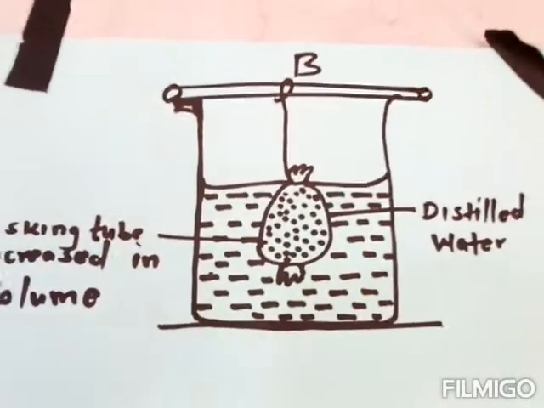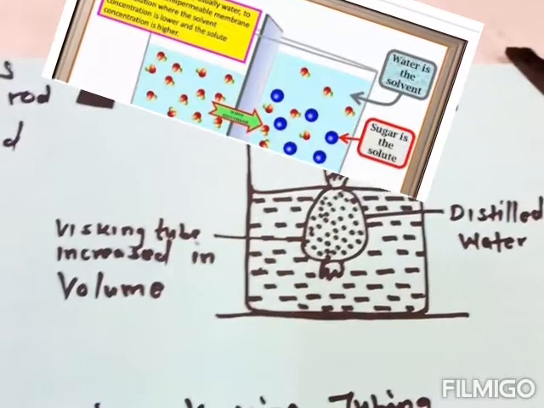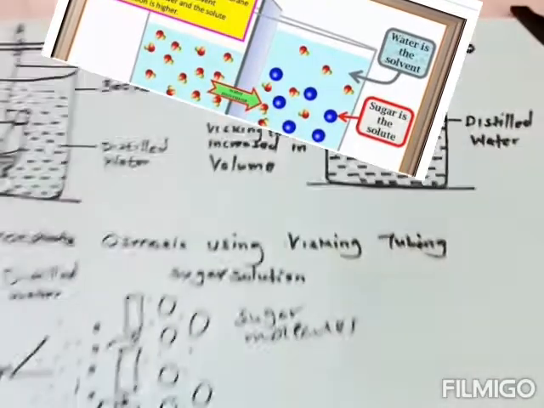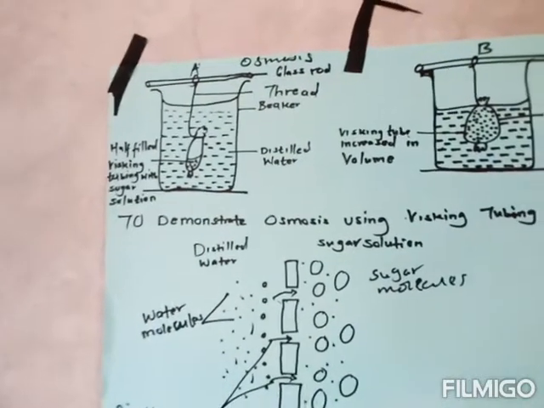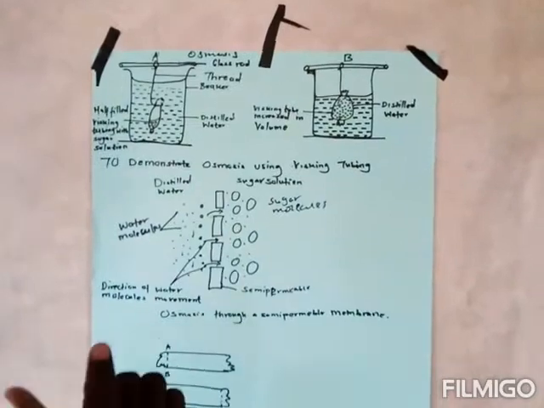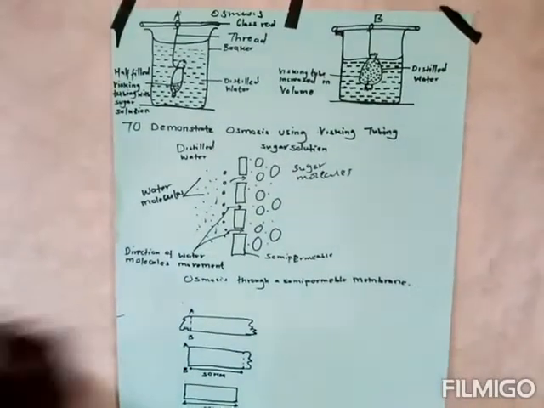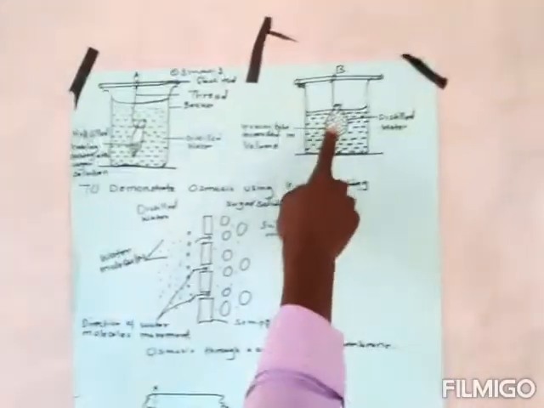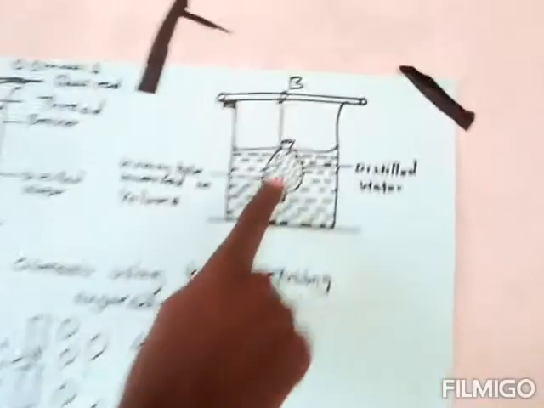Now, you will realize that since the whisking tubing is semi-permeable, it means that it will only allow molecules of smaller sizes to pass through it. Now, if you look at what we had within the whisking tubing, we had a sugar solution.